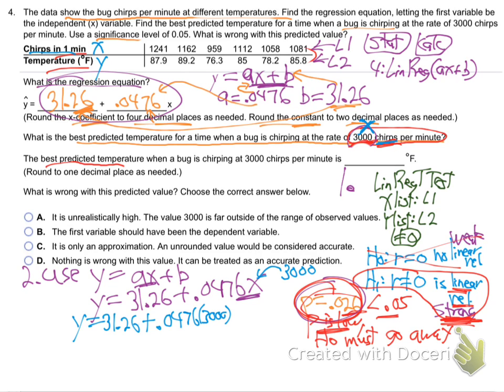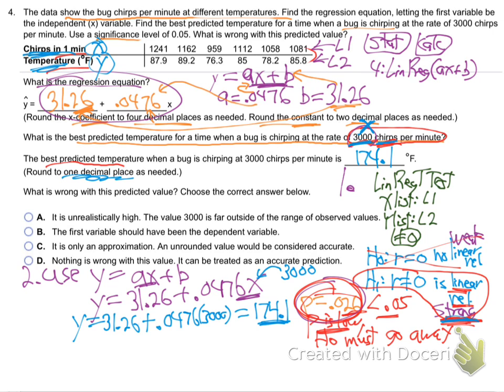And I'm getting 174.1, and they want me to round it. They say round to 1 decimal place. So what is that? That's the temperature. Remember, the y is temperature, the x is chirps. There's strong evidence of a linear relationship.